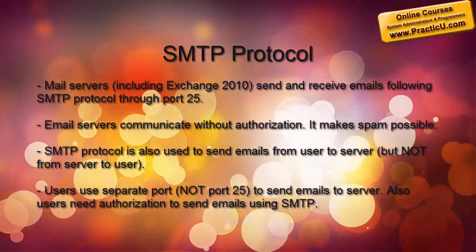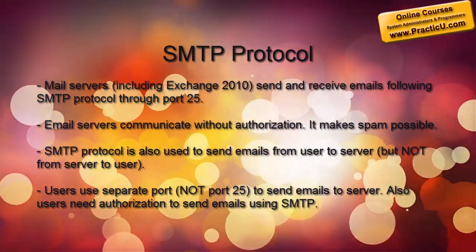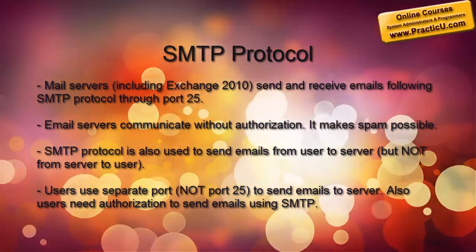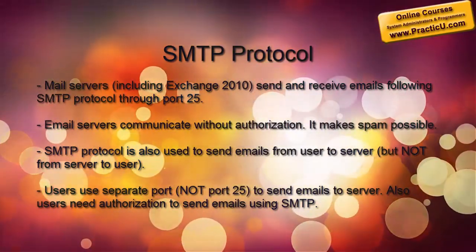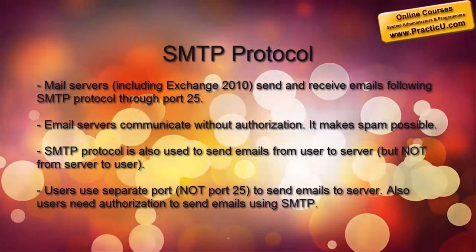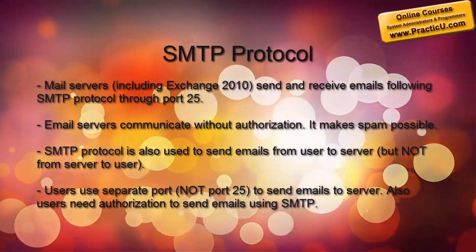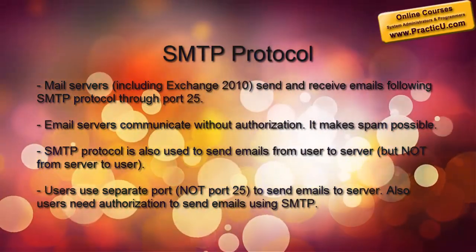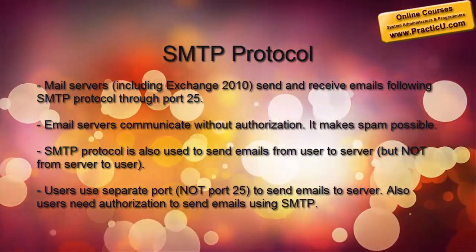The worst thing that might happen is a so-called relay. This is when some malicious third party connects to our server without authorization and sends the whole world advertisement, spam, from our name. Just imagine that some spammer connects to our email server through port 25 and starts to send advertisement to Gmail clients, to Google.